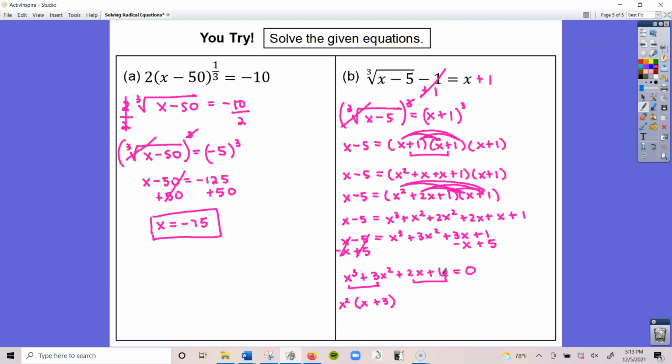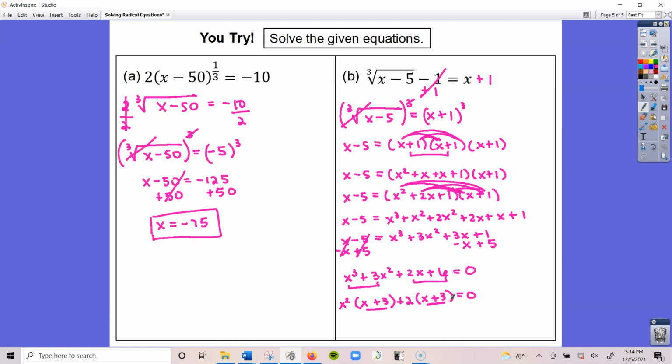From the 2x plus 6, both of these terms are divisible by 2, more so by positive 2. So I'm going to take out a plus 2. And when I take out the 2, I'm left with x plus, and 6 divided by 2 is 3. You'll know that you factored by grouping correctly if what's inside of your parentheses is identical.